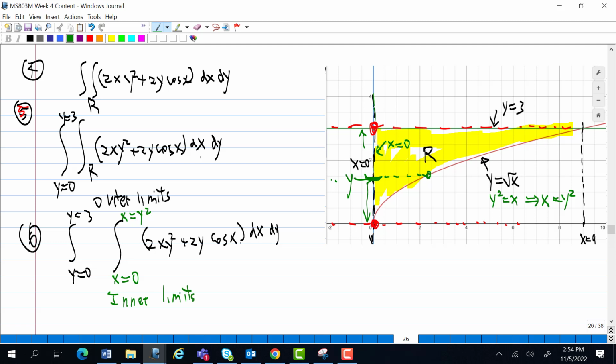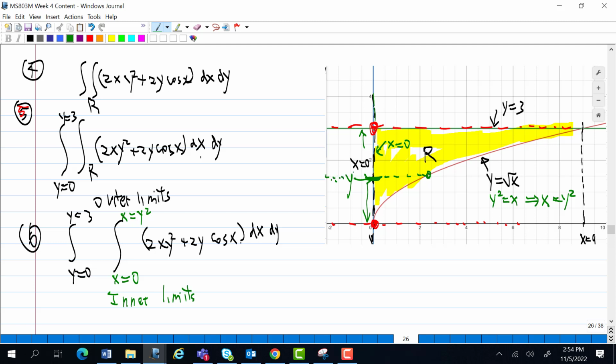As a type 2 region, you have two horizontal lines bounding the region from y equal to 0 to y equal to 3. Then pick any y between 0 and 3, and draw a horizontal line.